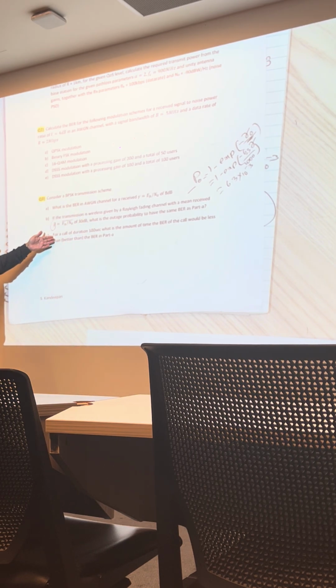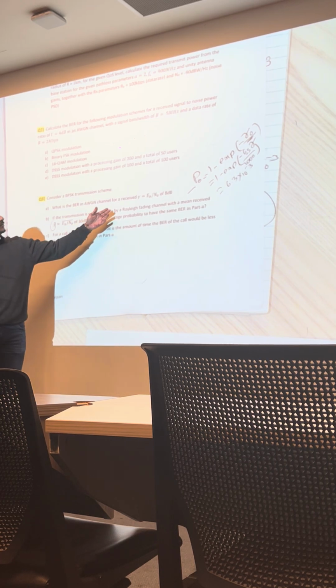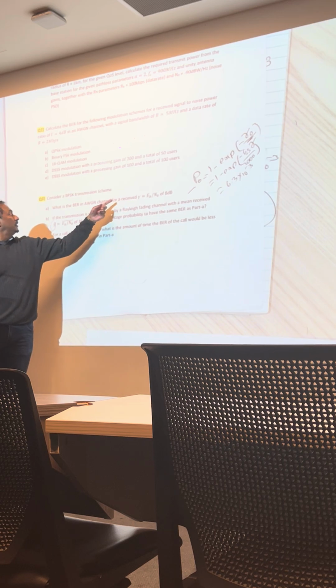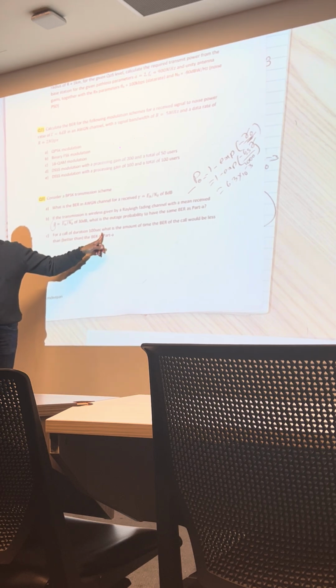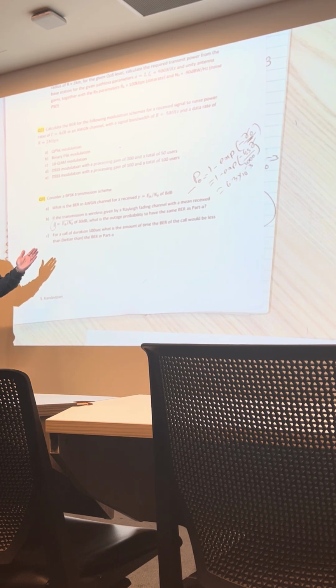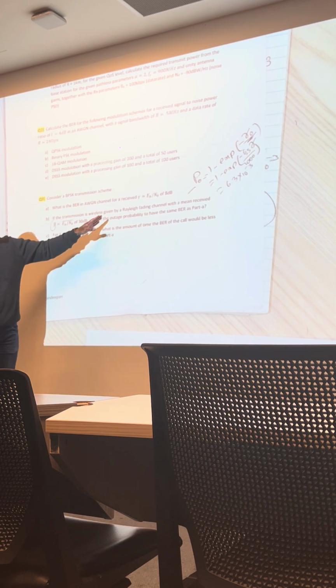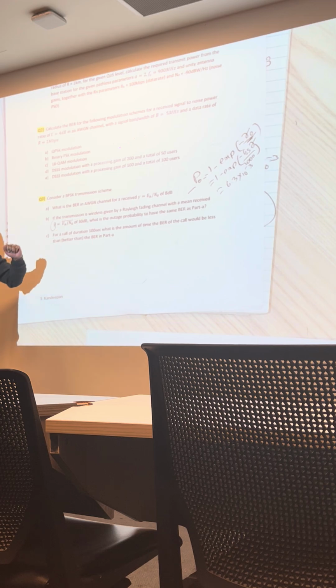So in order to have at least the bit error rate of part A, over how long in a 100-second call period would we have it? So you've got to relate that to the outage probability.